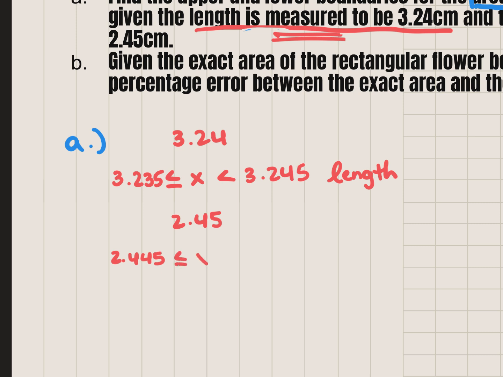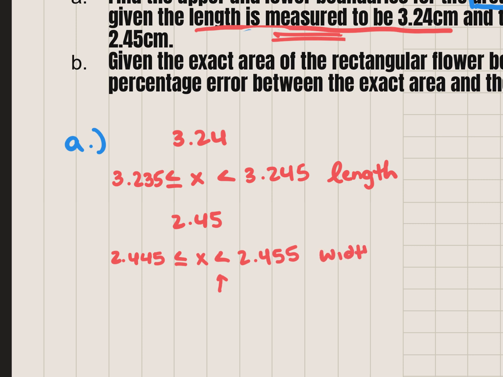So less than or equal to x, less than. And then my upper boundary, I'm going to extend out to 2.455. Okay, again, that number doesn't actually round down to 2.45, but we acknowledge that by having no equal to bar underneath.